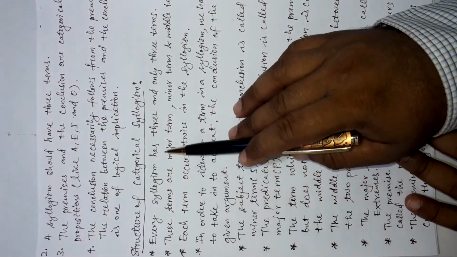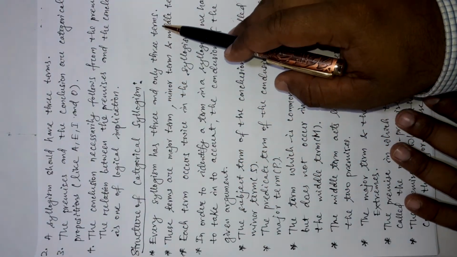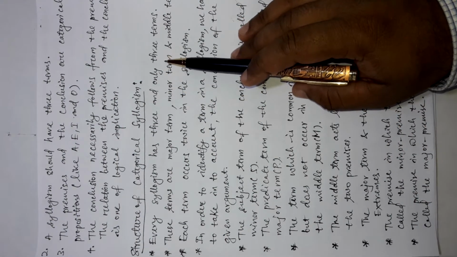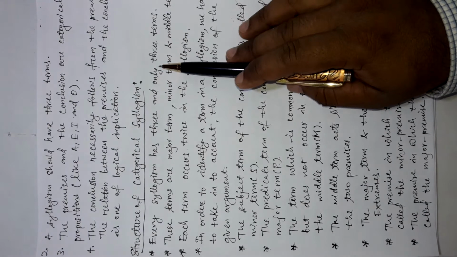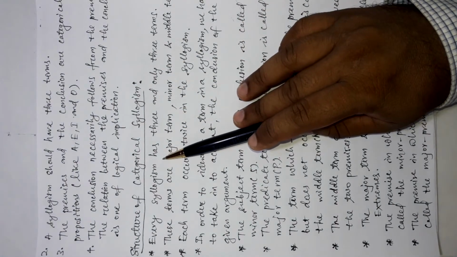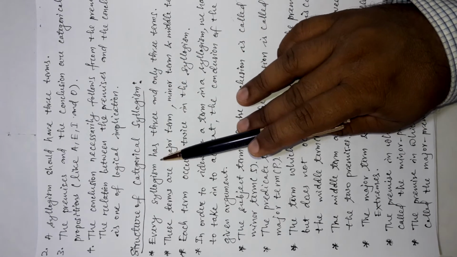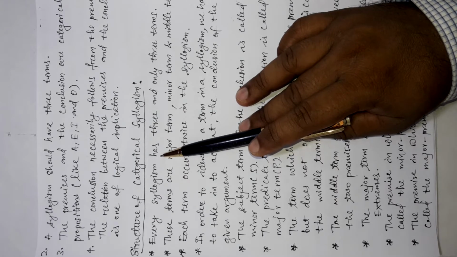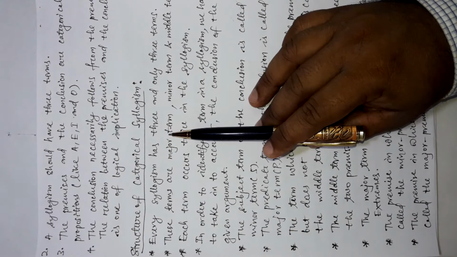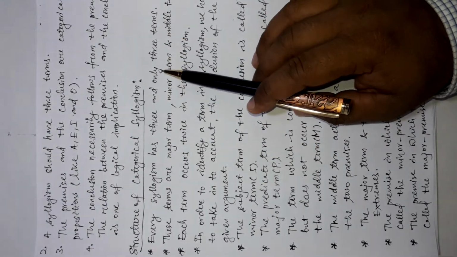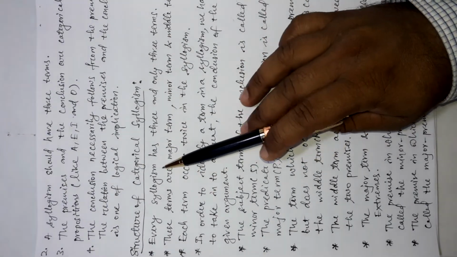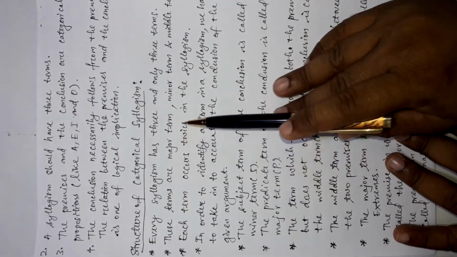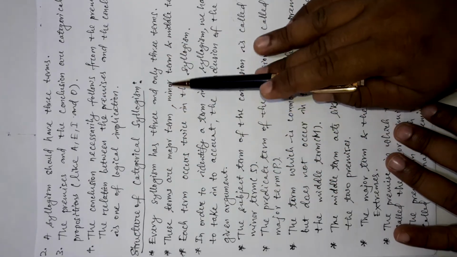Every syllogism has three and only three terms, that we are clear about now. There should be three and only three terms in every categorical syllogism. There cannot be 4 terms or 5 terms or 2 terms. Now, these 3 terms have 3 different names.